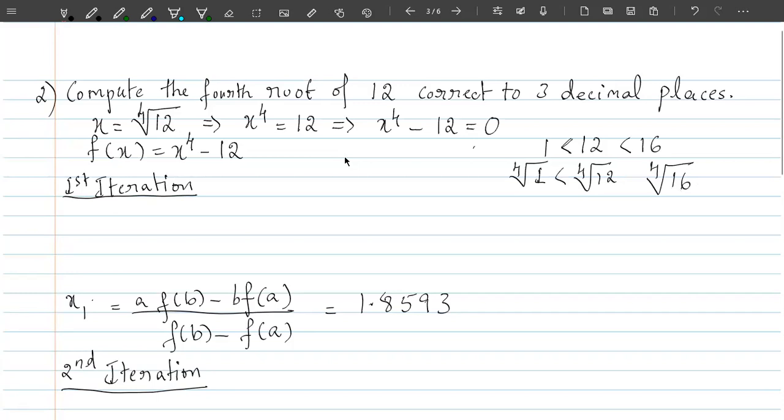Now, what is fourth root of 1? Fourth root of 1 is nothing but 1. And what is fourth root of 16? That's nothing but 2. So what is this saying here? That means the first interval here is nothing but 1, 2.